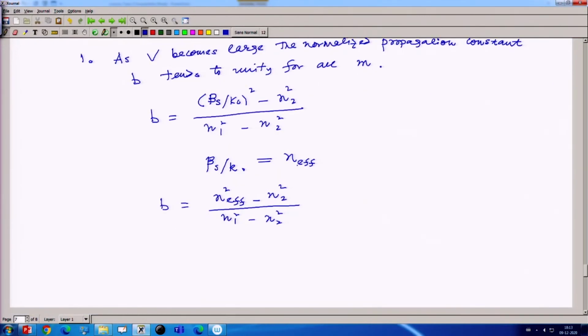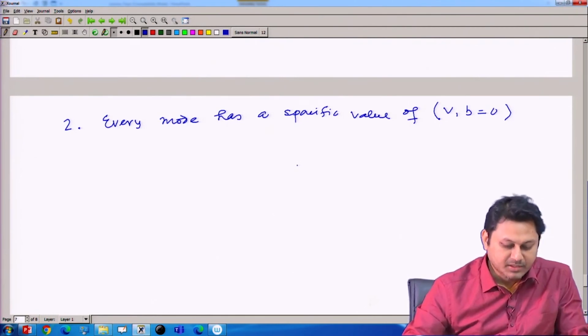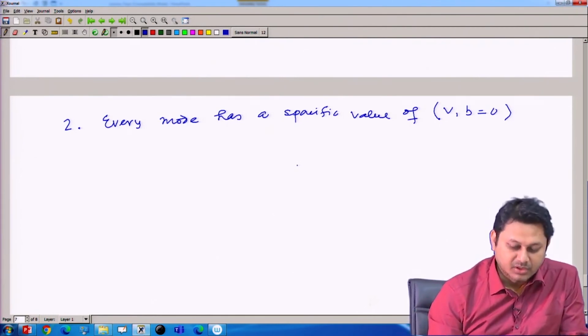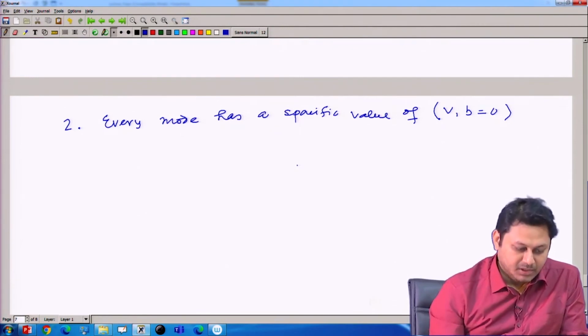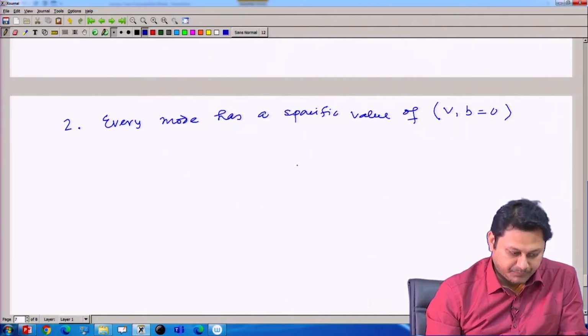These points are always there for all the modes.